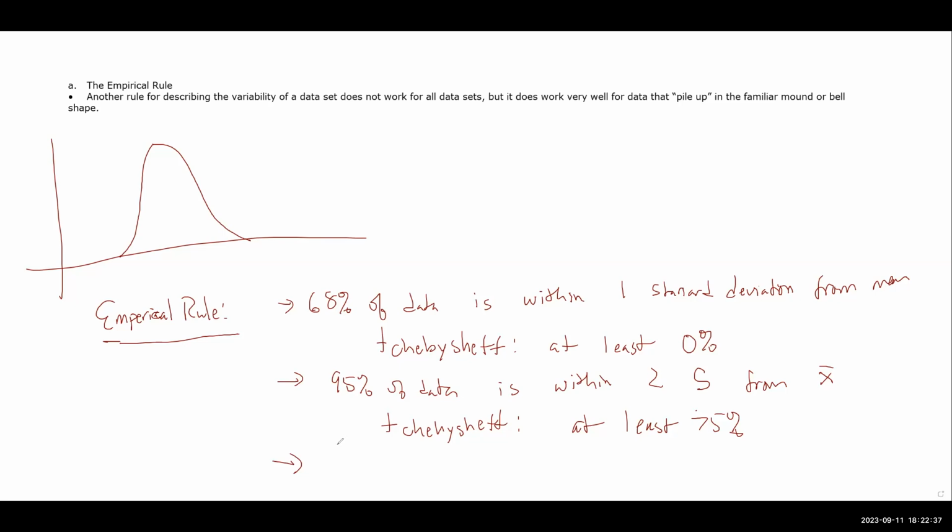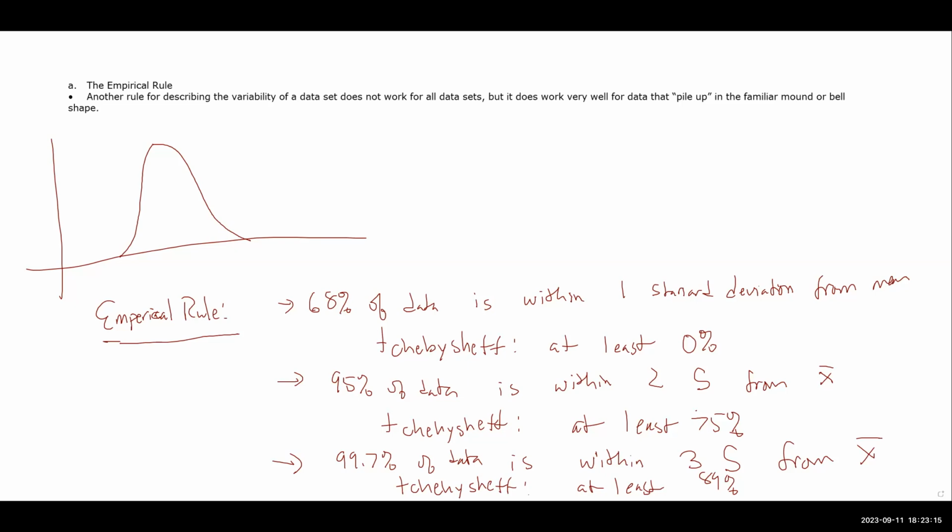And then the empirical rule says 99.7% of data is within 3 standard deviations from the mean, where s is standard deviation. And again, Chebyshev said at least 89%. Okay, so that's basically the empirical rule.